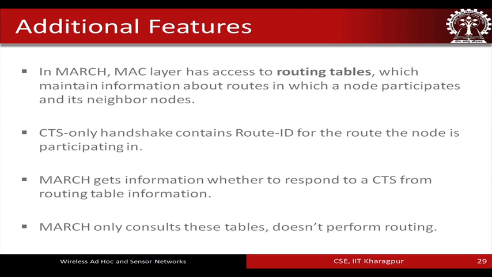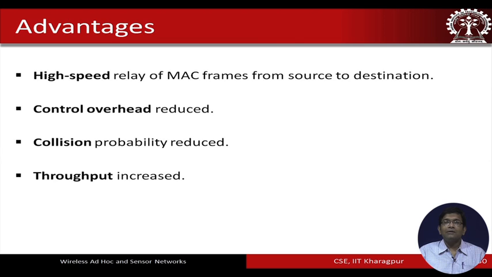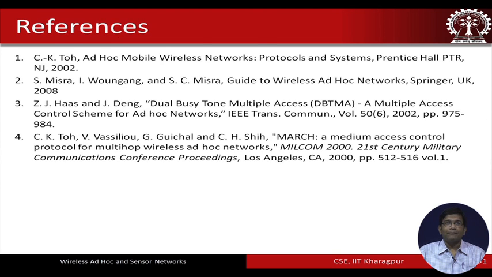MARCH is a MAC layer protocol, so it only gets access to the routing table information from the network layer, but does not take care of routing specifically. Among the advantages, the throughput is increased and the control overhead is reduced compared to other types of MAC protocols for MANETs.